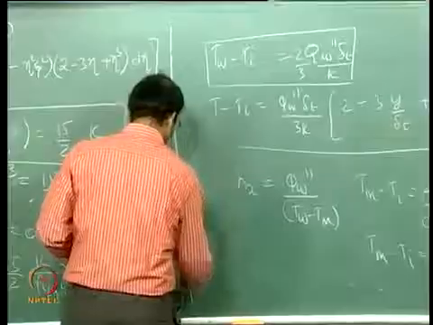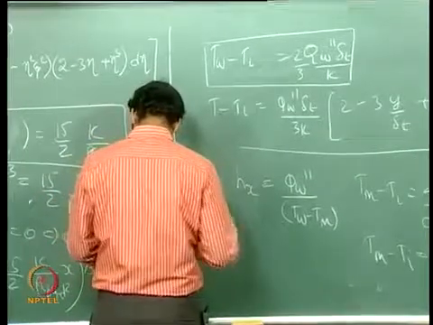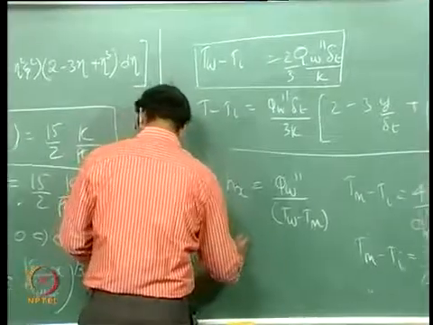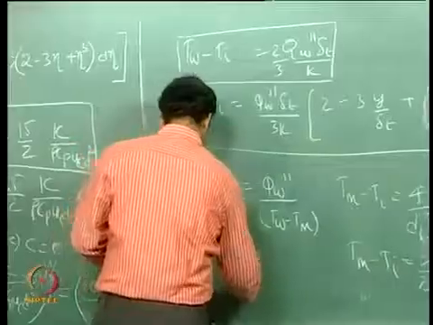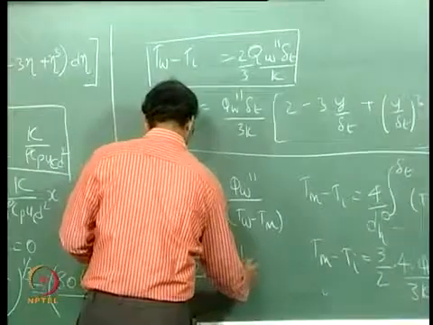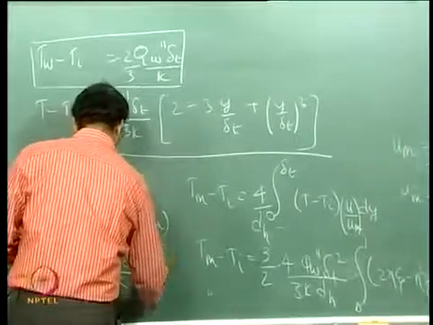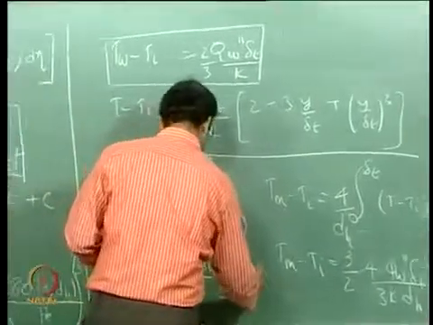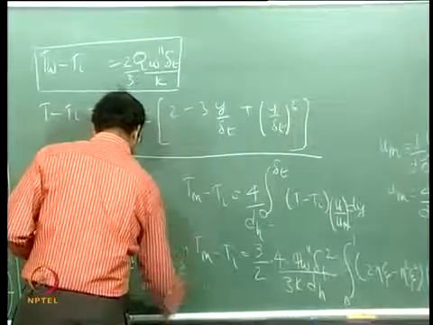So your temperature Tm minus Ti comes out to be 1 by 2 into q wall double prime dh by k into zeta cube by 10 minus zeta power 4 by 48.